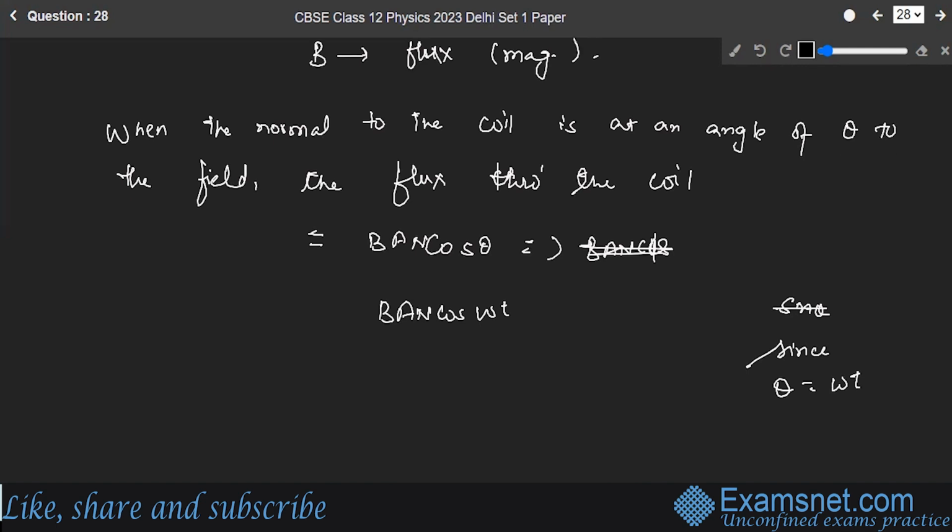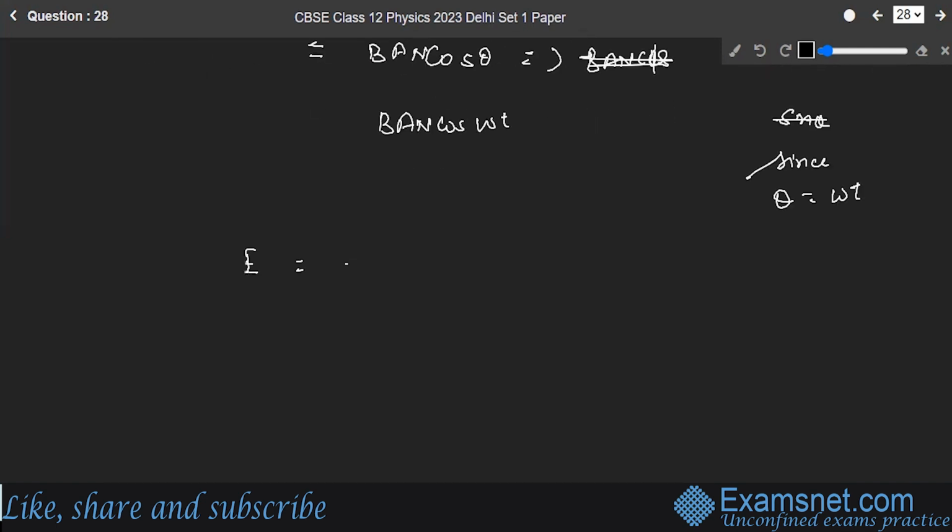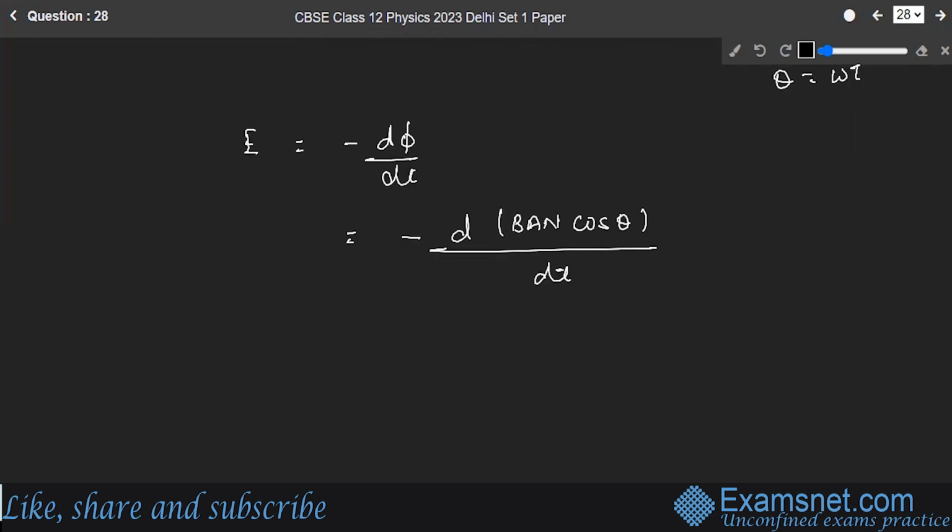So induced EMF is minus d phi by dt, or this is equal to minus d of B A N cos theta divided by dt. So this is equal to BAN omega sine omega t.